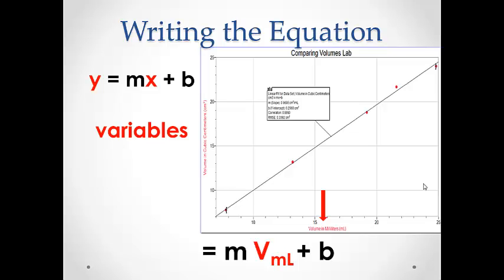Similarly, our dependent variable was the volume in cubic centimeters. This was graphed on the y-axis, and so the volume in cubic centimeters can be substituted in for the y variable in our equation. Now keep in mind different graphs will have different variables, so it is important to pay attention to what is actually graphed on the x and y axes.